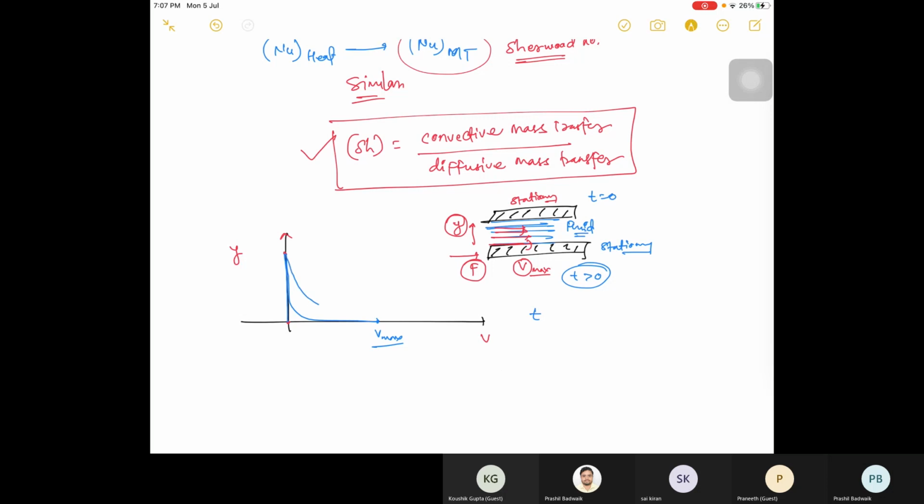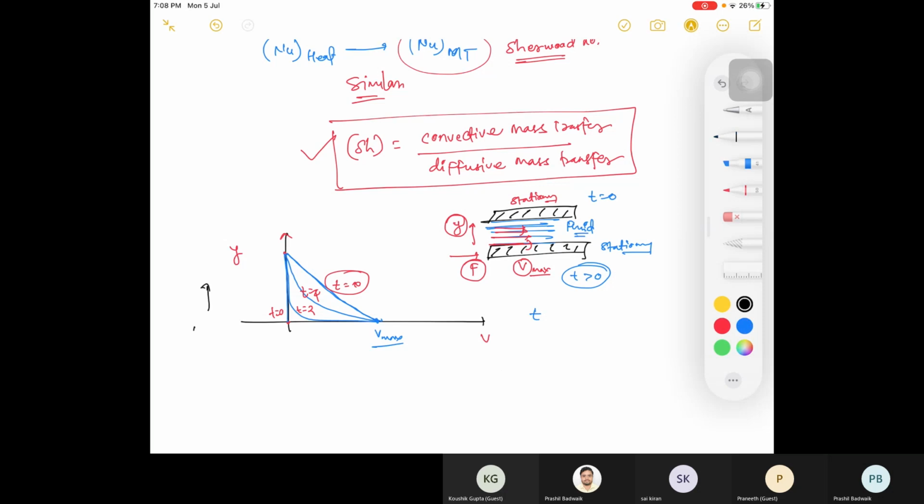So you will get this kind of profile with respect to time. This is at t is equal to 0, t is equal to 2 minutes, t is equal to 4 minutes, t is equal to infinite. So after some time you will get a straight line like this. Is it clear?